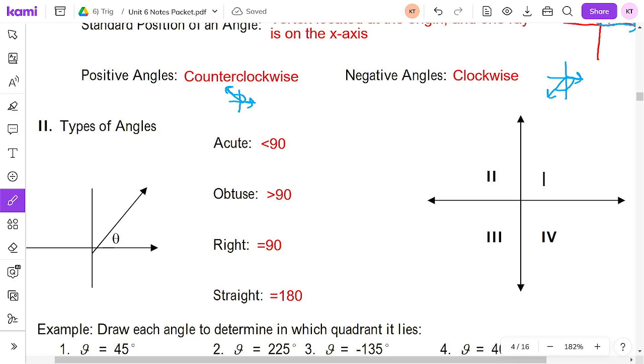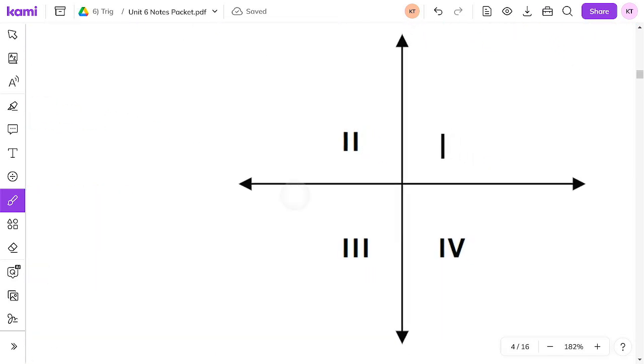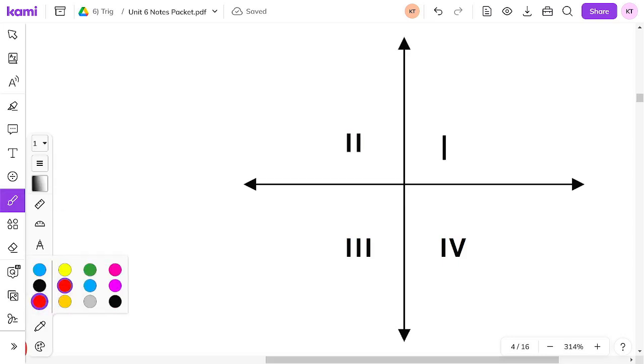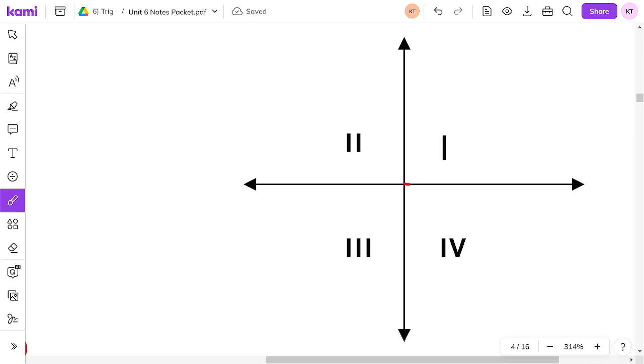But one thing I want to note here is talking about different sides of our angles. So let's say I do have an angle that looks something like this. So I'm starting here and I am ending here. This side right here that I'm starting on, we are going to call that our initial side. And this side is always on our positive x-axis.